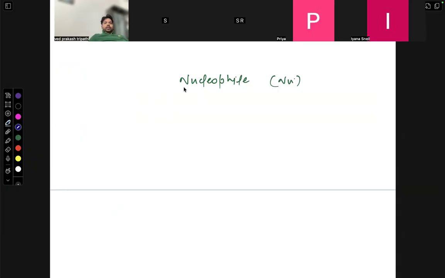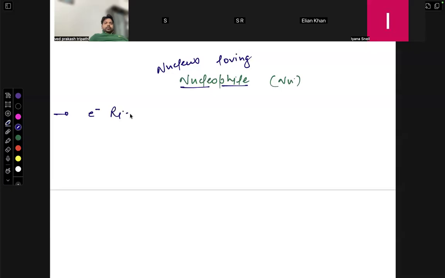So nucleo means nucleus, phile means loving, so we can say nucleus loving. Okay. So the very first here, it is electron rich species. Second, nucleus loving. If any system is electron rich, it means it can act as a Lewis base.